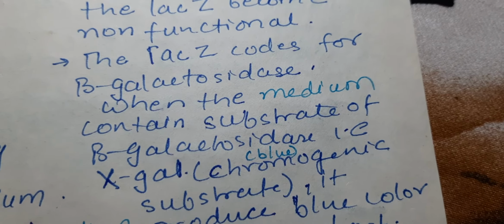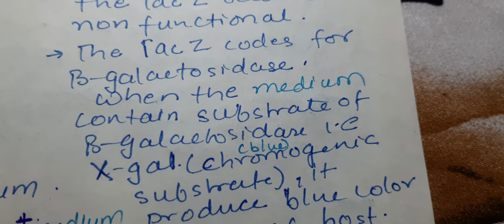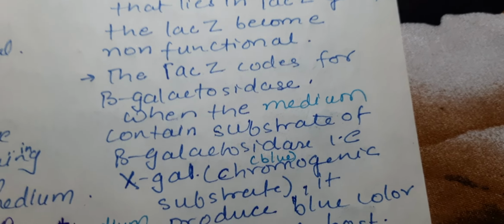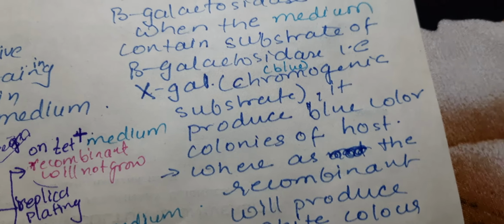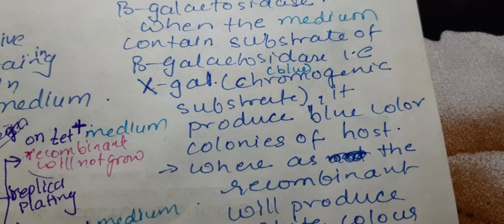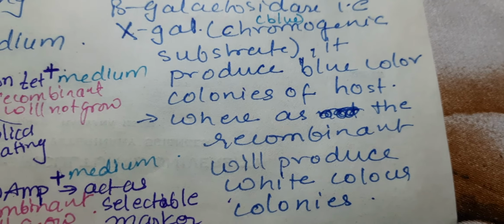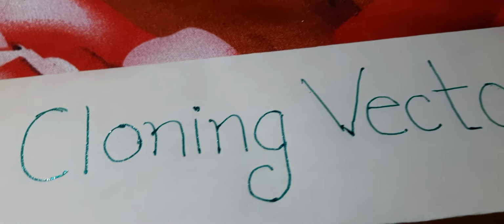When the medium contains the substrate of beta galactosidase, that is X-gal, which is an artificially made chromogenic substrate, it produces blue color colonies of host, whereas the recombinant will produce white color colonies. So the blue color is distinguished from the white color.